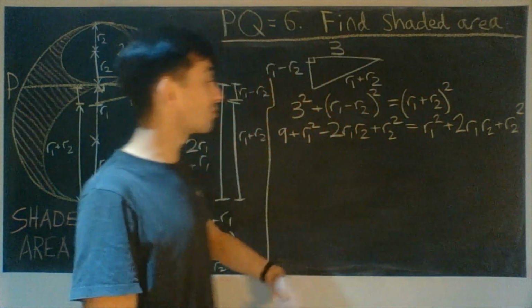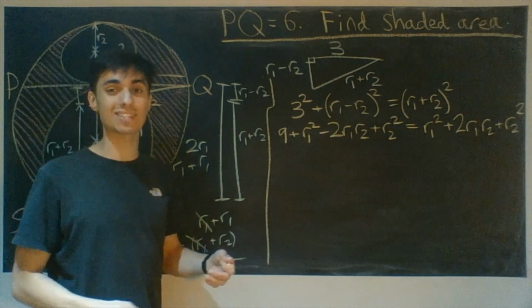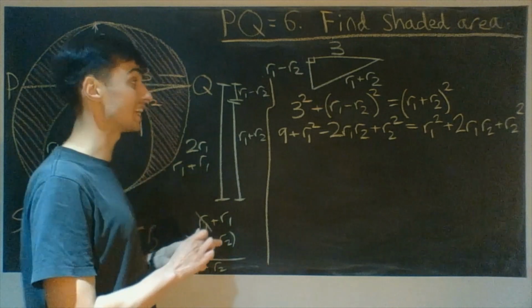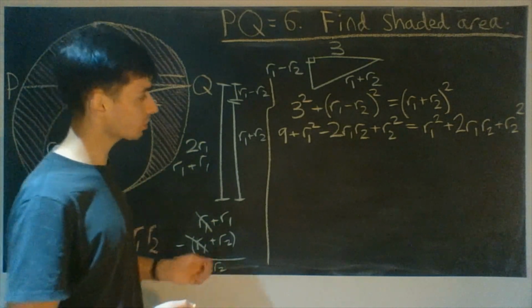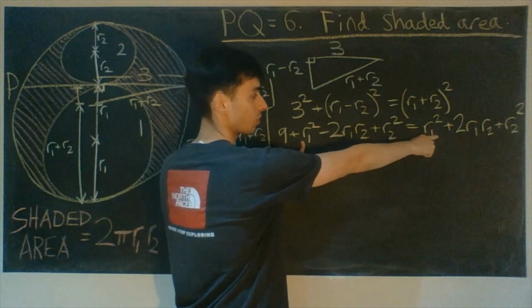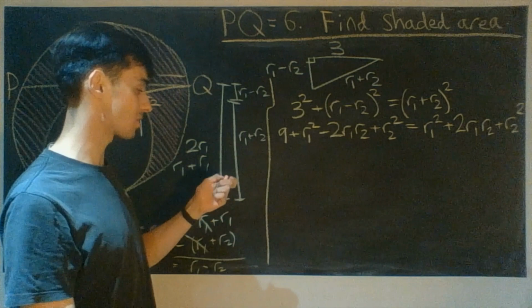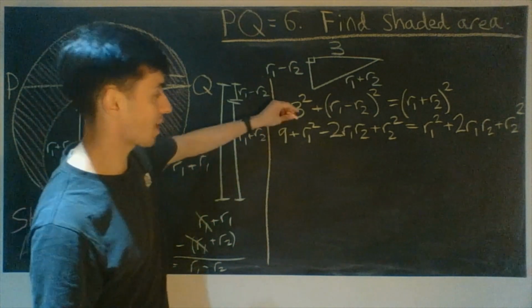Okay, we've done some really good work there, and we're about to see lots of things cancelling out, and this will start to look really nice in a second. On the left hand side of our equals sign, and on the right hand side, we've got an R1 squared, a plus R1 squared. That means they can cancel out.